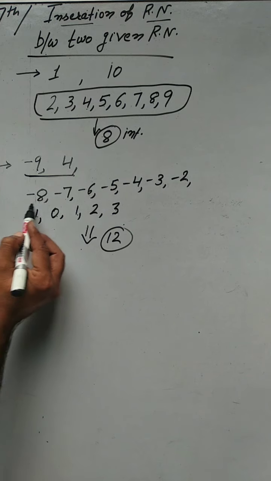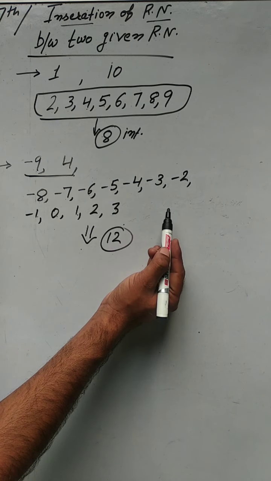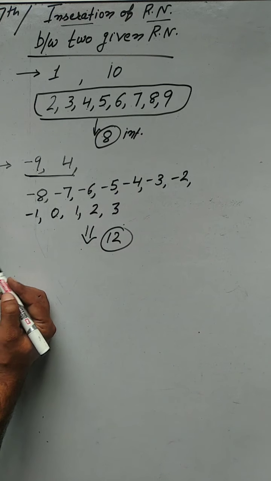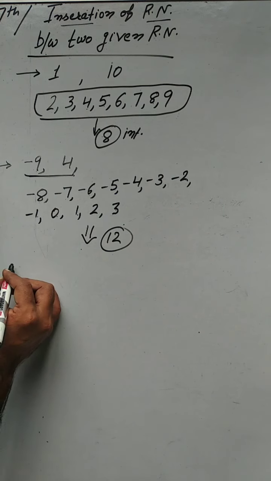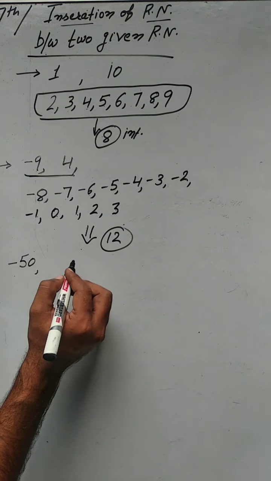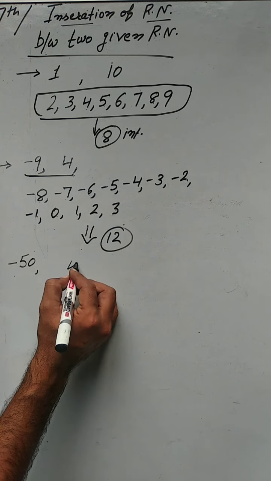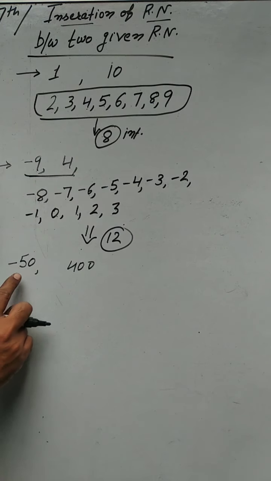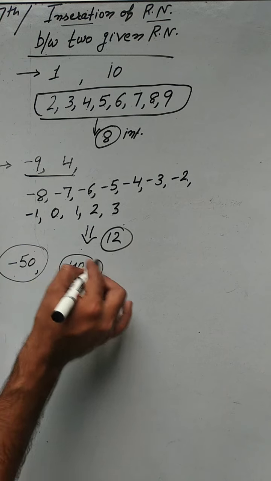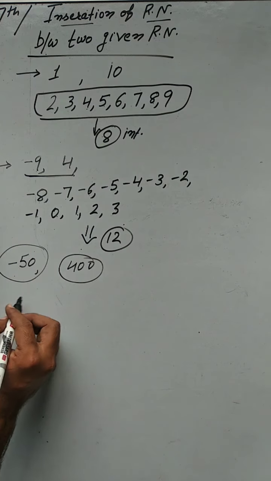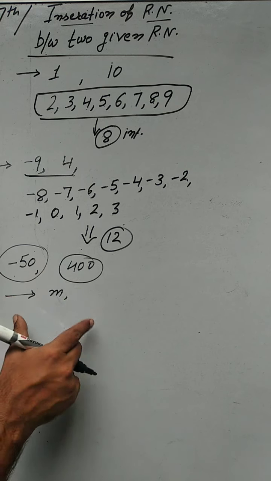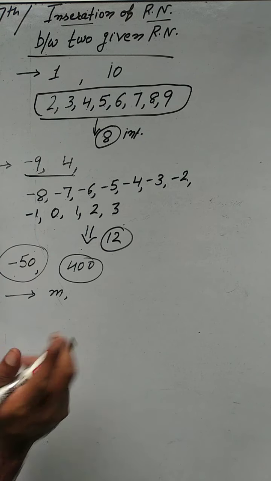But every time we can't write them in that way on the number line. For example, if we are asked to find the number of integers between minus 50 and 400, then it is very difficult to write them on the number line. Then simply from the conclusion beta, suppose I have two integers m and n, you have studied it in class 6th.